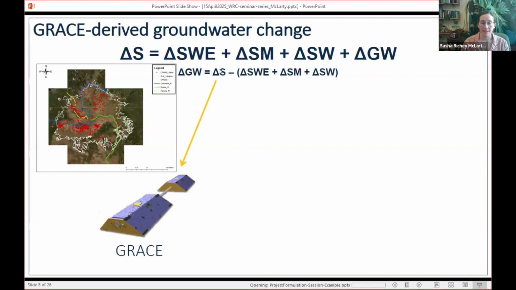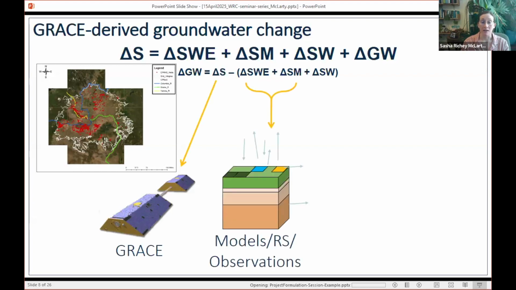This is our big S. In my work and in most people's work who use GRACE to study groundwater globally, some combination of models, maybe remote sensing, maybe observations are used to quantify anomalies in snow water equivalent and soil moisture. That's especially the case for soil moisture.